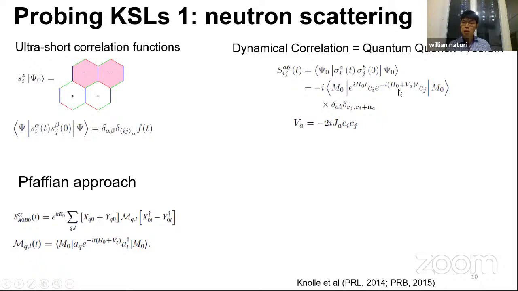This matrix element here, you can show that it can be written in the form of a certain functional integral. And since this functional integral is of a problem of Majorana fermions, it actually can be calculated in terms of a Pfaffian of a large real space system.